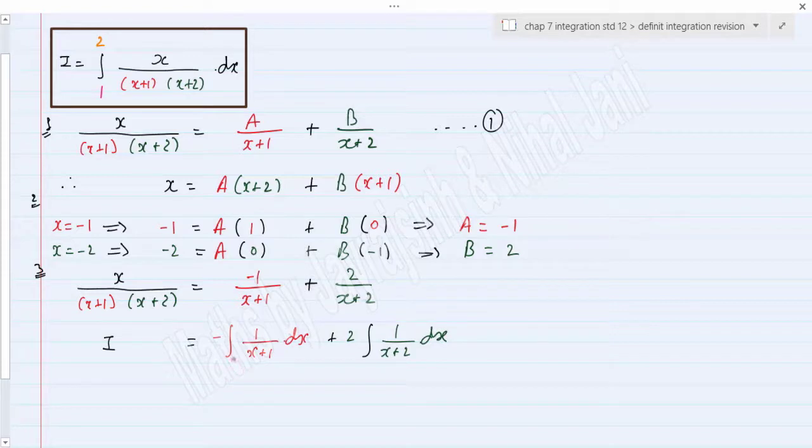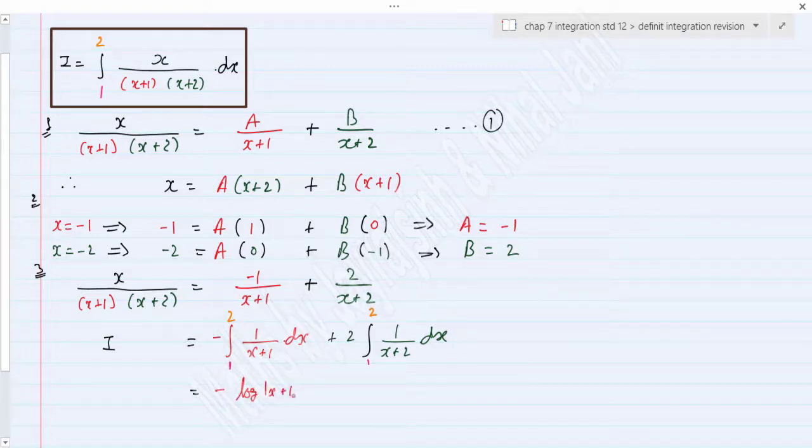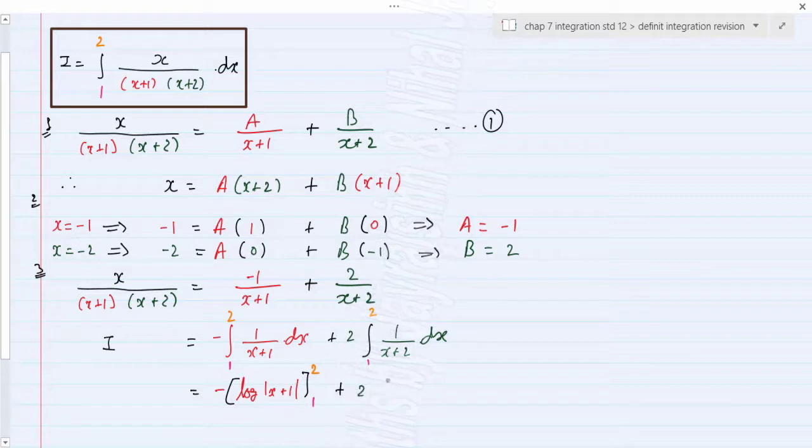Limits are from 1 to 2. Minus will be as it is. Integration of 1 upon x plus 1 is log mod x plus 1. Limit is from 1 to 2. Plus 2 will be as it is. Integration of 1 upon x plus 2 is log mod x plus 2. Limit is from 1 to 2.